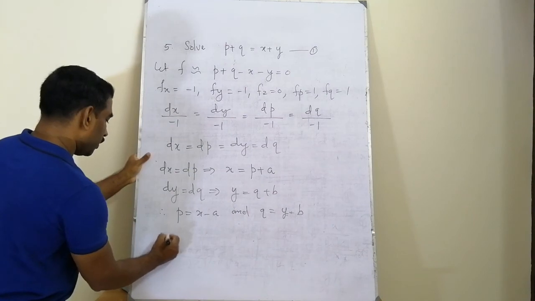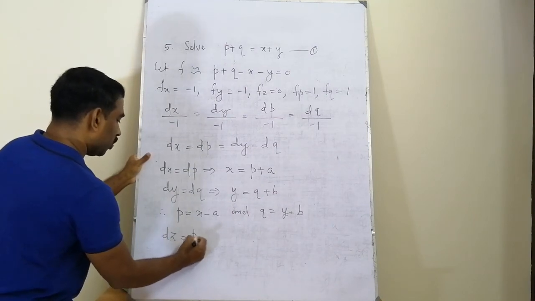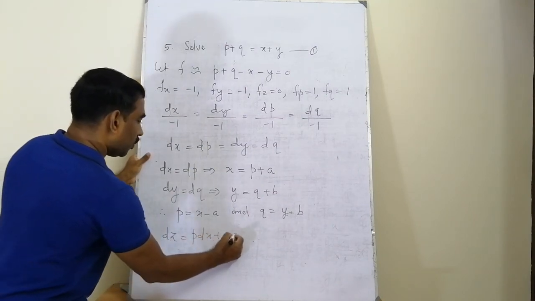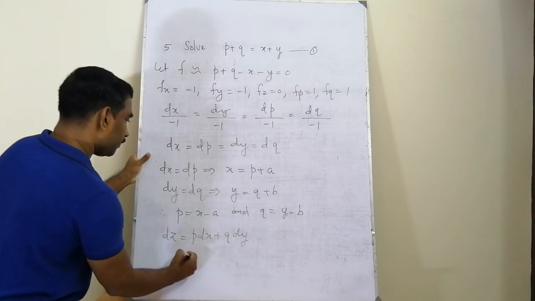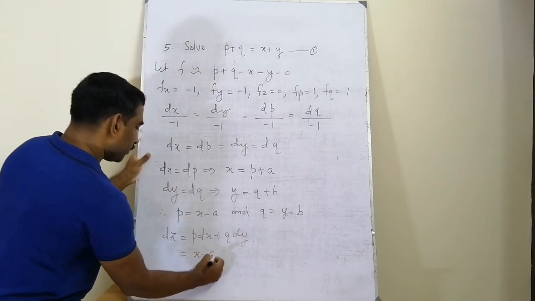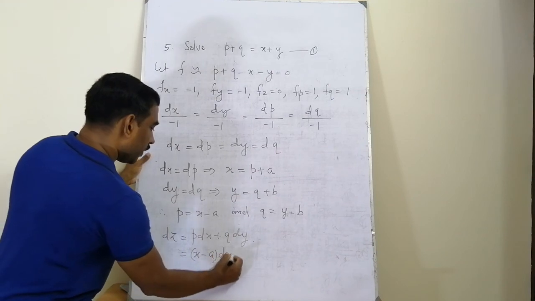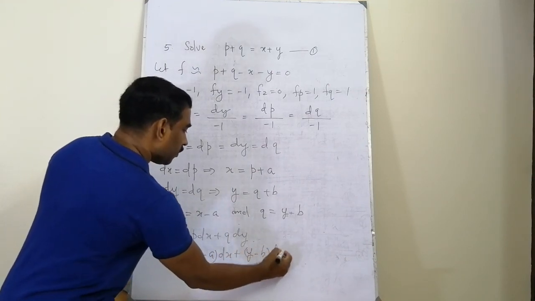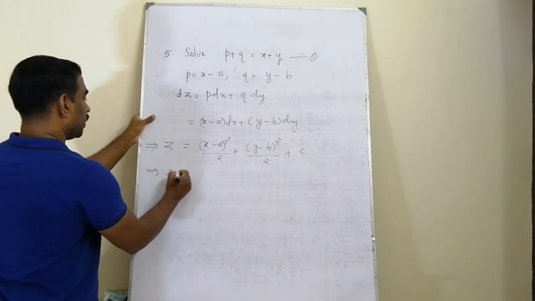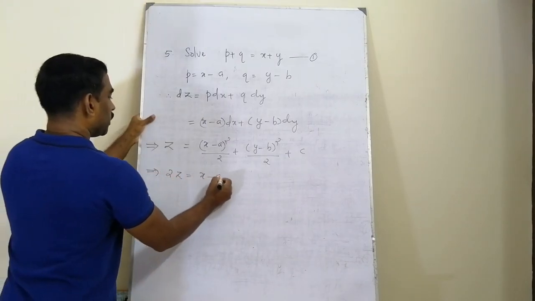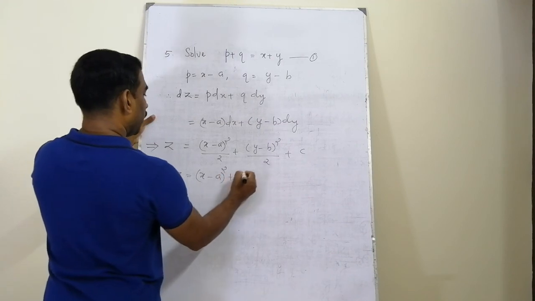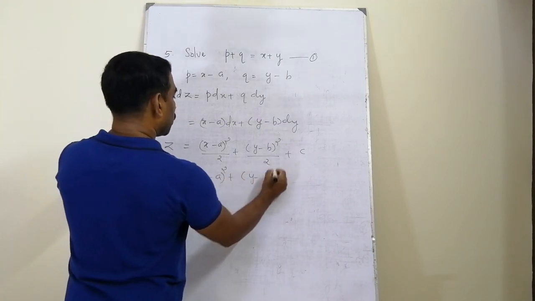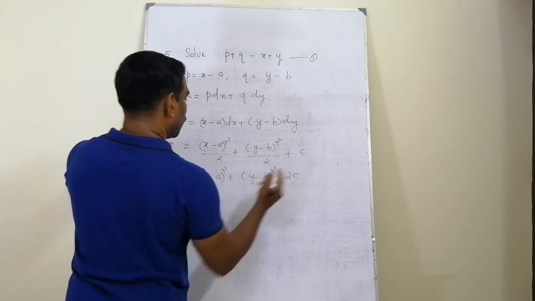So the differential dz is equal to p dx plus q dy, that becomes x minus a dx plus y minus b dy. This implies 2z equal to x minus a the whole square plus y minus b the whole square plus 2c.